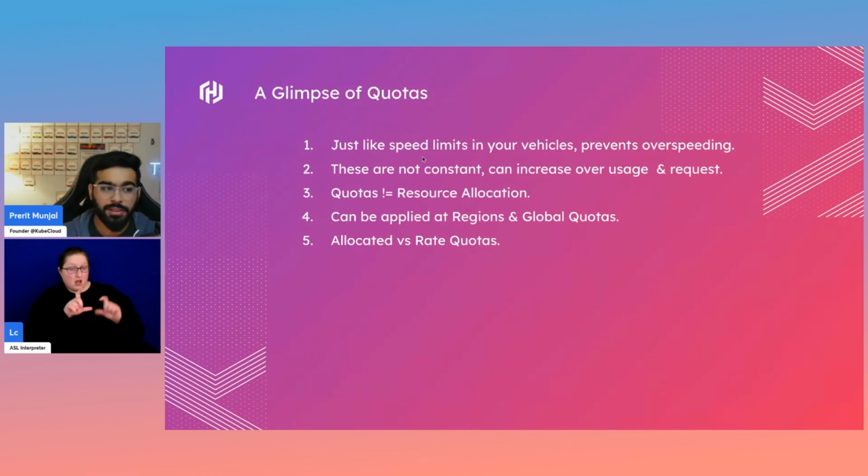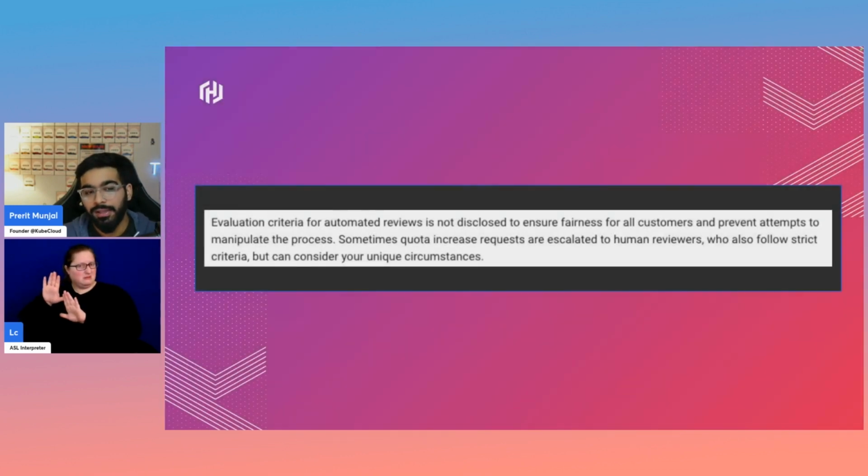They can change depending on your request or on Google's internal algorithms. If you want to increase the quotas, the evaluation criteria is automated. Nobody knows when the quota will increase, or what parameters they are looking into, maybe daily active users or number of projects or billing, but most probably it's related to the billing part.